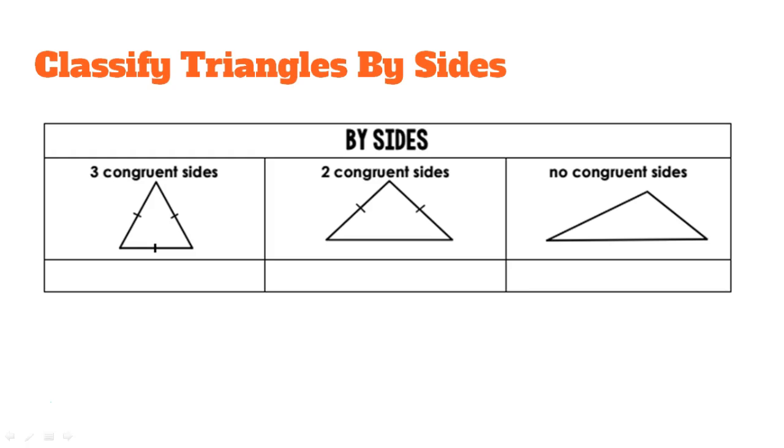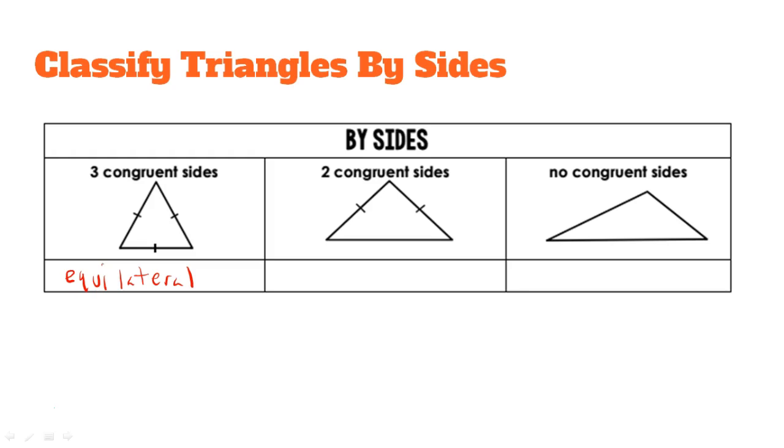Next, we're going to take a look at classifying triangles by their sides. There are only 3 classifications here. If we have 3 congruent sides, that is called an equilateral triangle. Equilateral. Just like equiangular meant equal angles, equilateral means equal sides.